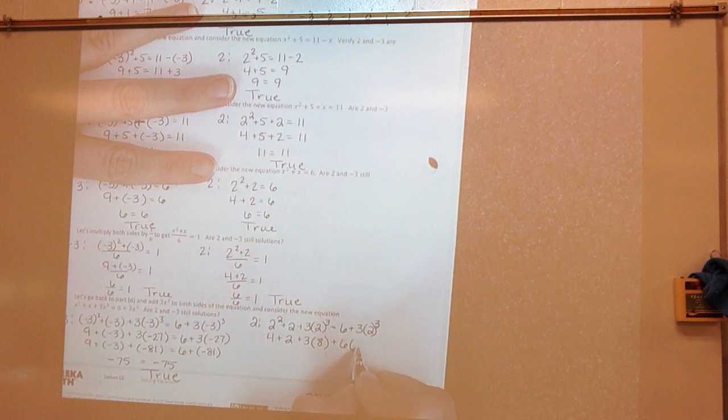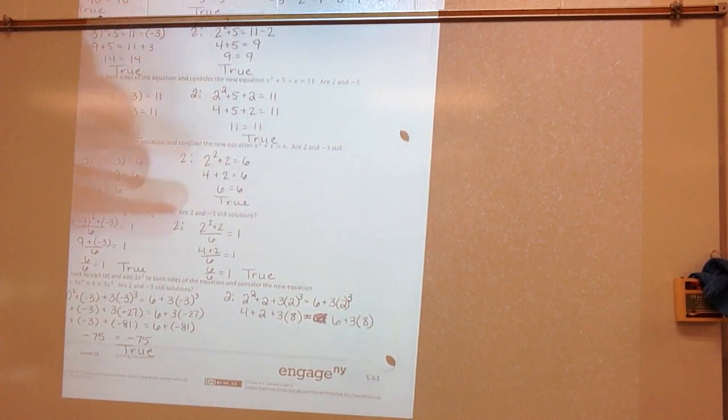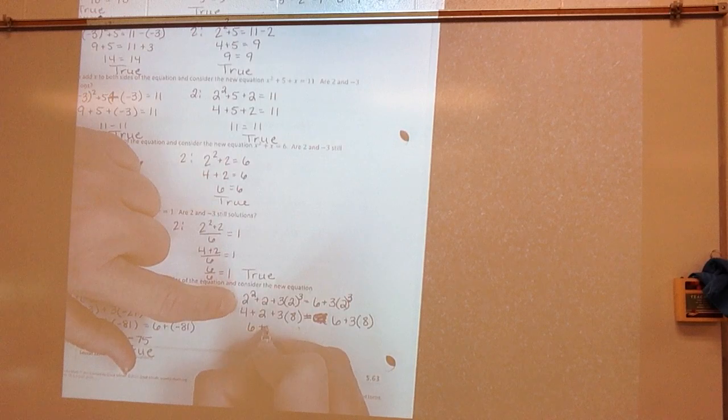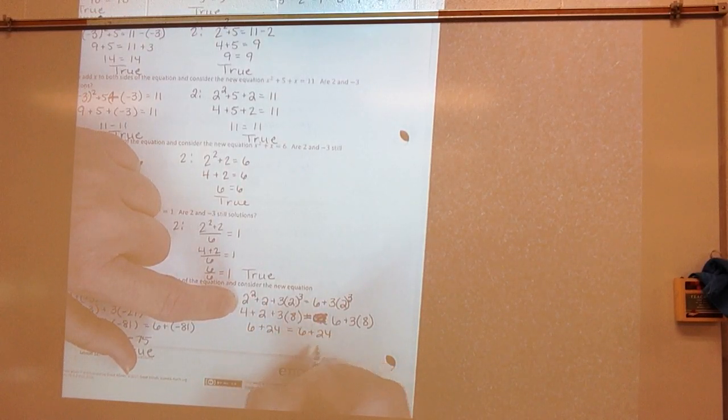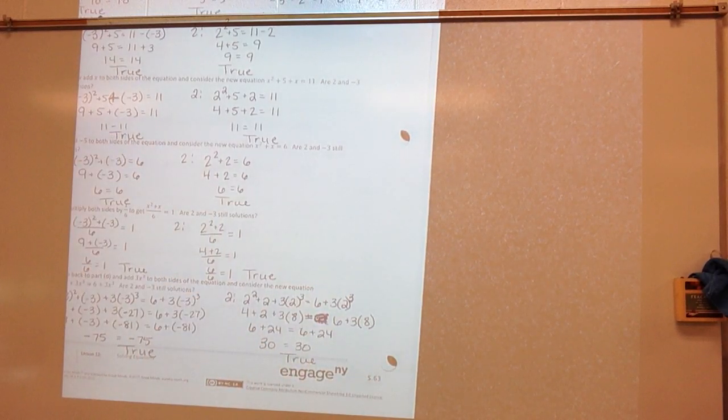Plus 6 times, is equal to 6 plus 3 times 8. So I get 6 plus 24 is equal to 6 plus 24. So I get 30 is equal to 30. And that is also true.